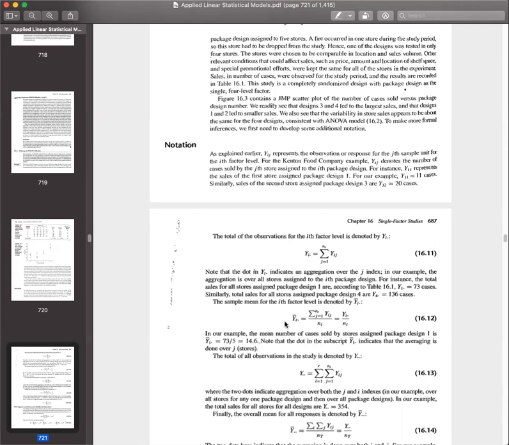That is the summation over i and the summation over j of Yij over nT. That can also be simplified to Y.. over nT. The two dots here indicate that the averaging is done over both i and j.